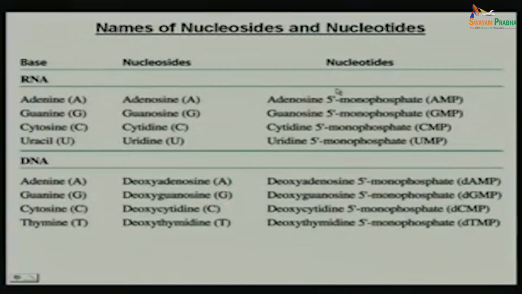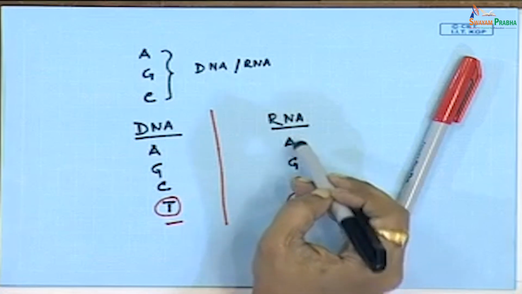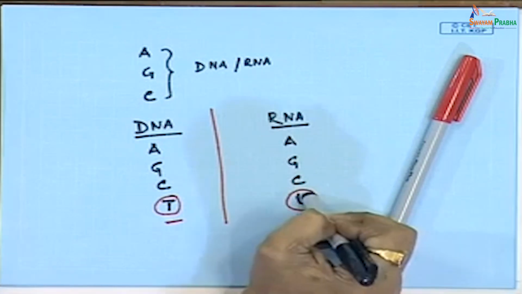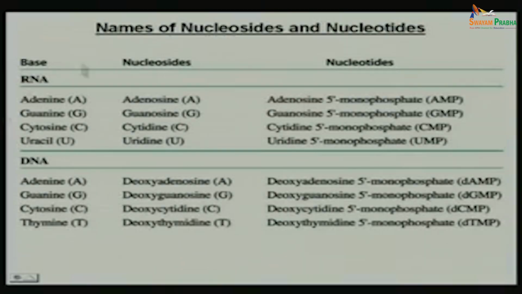So, when we are naming this nucleoside and nucleotide, how are we naming? In case of RNA, I have already told you that the nitrogenous bases are A, G, C and U. In case of nucleoside, we call adenine, guanine, cytosine and uracil as adenosine, guanosine, cytidine and uridine.